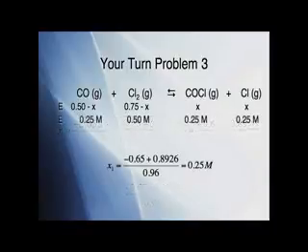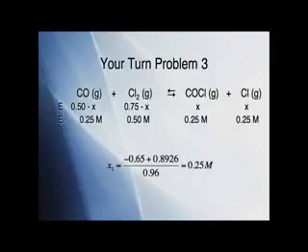Since we know that the value of x is 0.25 moles per liter, it's the only possible value that will work and make coherent sense with this. We then plug it back into our ICE chart for our equilibrium value.